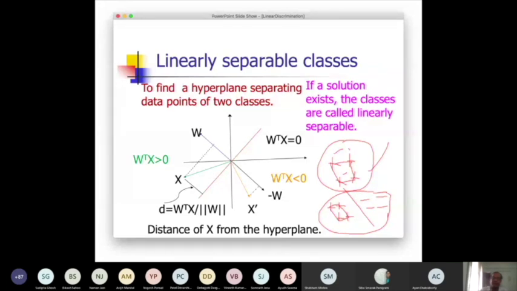For this one, most likely this is the shape, and for these two it would trivially be a straight line. As you can see, they are intersecting, so that's why it is not linearly separable. But in this case, if this is the convex hull and this is the convex hull, and they are non-overlapping, it means there exists a hyperplane between them.